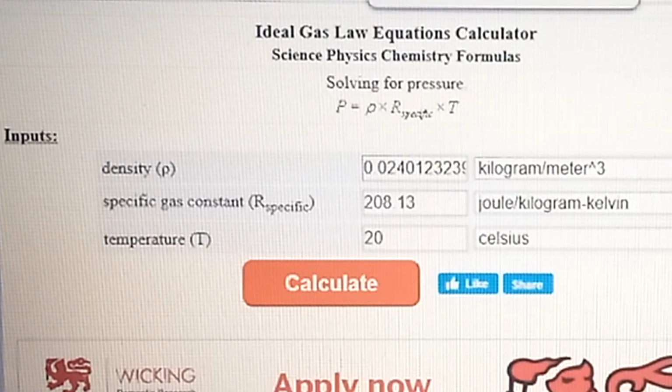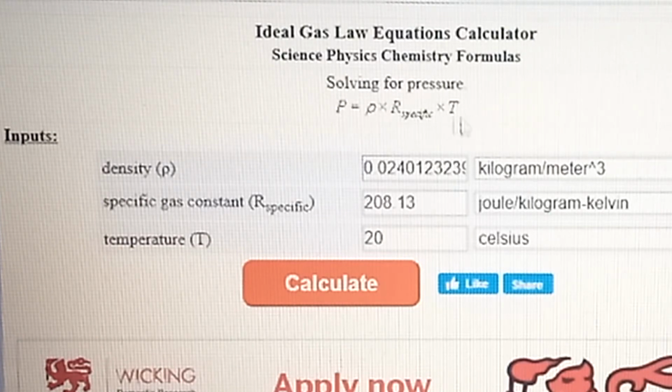Now this is the final calculation, which is an ideal gas law equations calculator. The equation that we'll be using in this calculator is here. This calculator quite simply does all of this for us, and at the very end, what we need from all of these inputs is pressure.